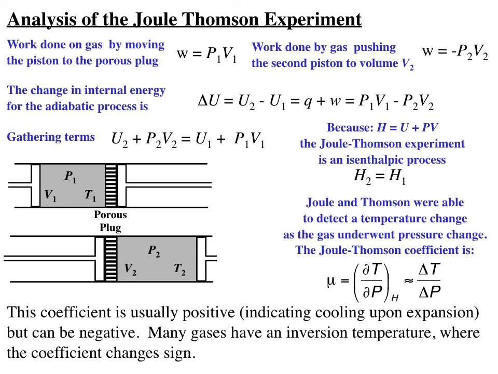It literally gets so cold that it condenses water vapor out of the air, and you get condensation freezing on the regulator of the crawfish burner. That is a sure sign of the Joule-Thomson effect. You are expanding a gas from high pressure inside to lower pressure outside, being pushed back against that second piston. Again, we can consider that to be the external atmosphere.